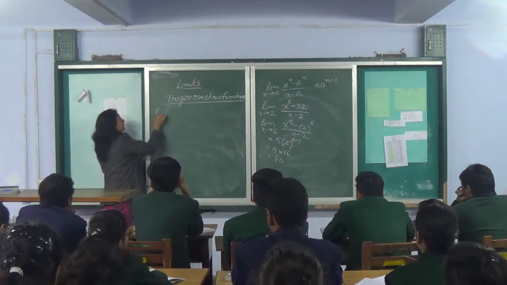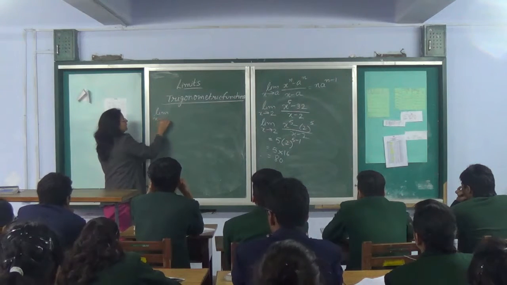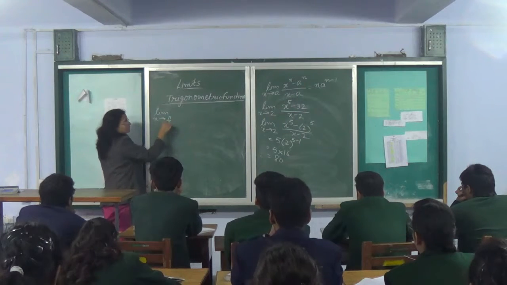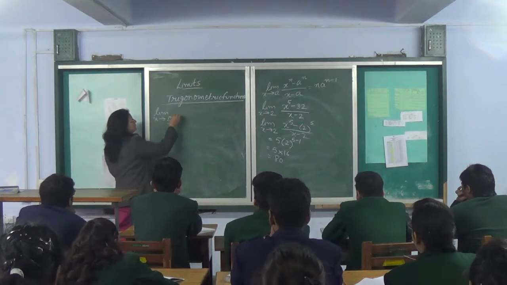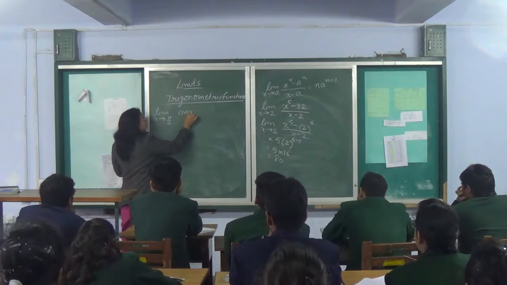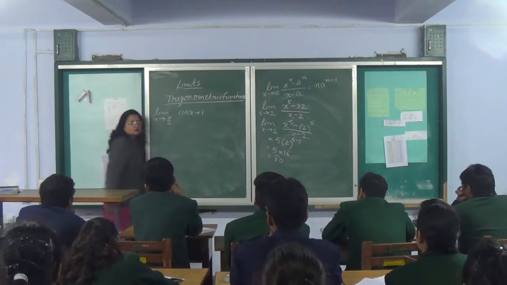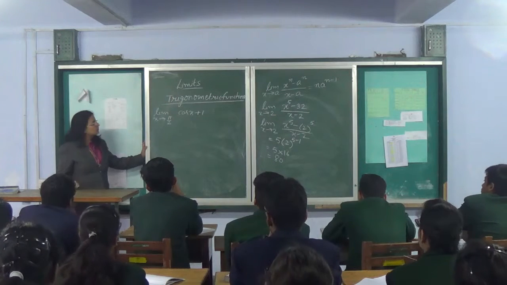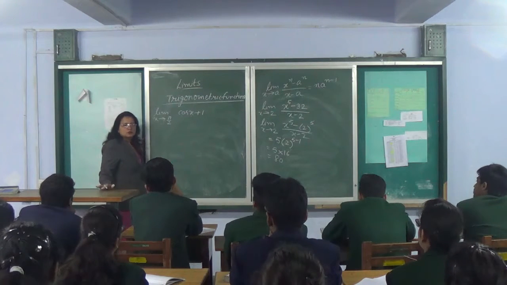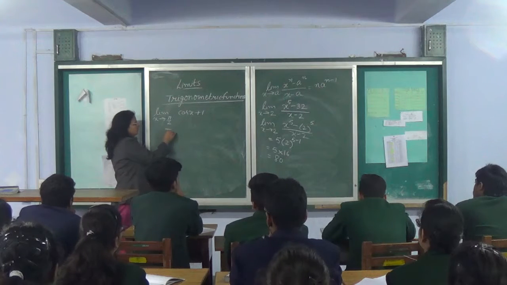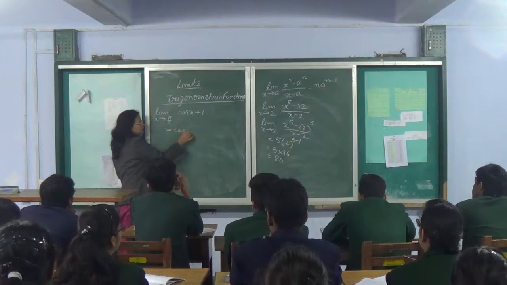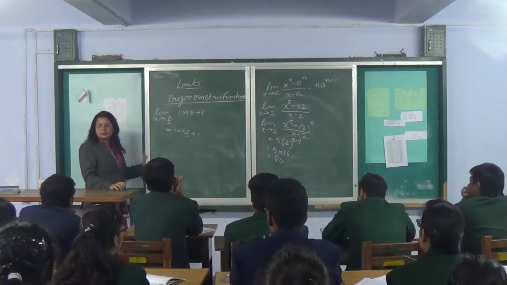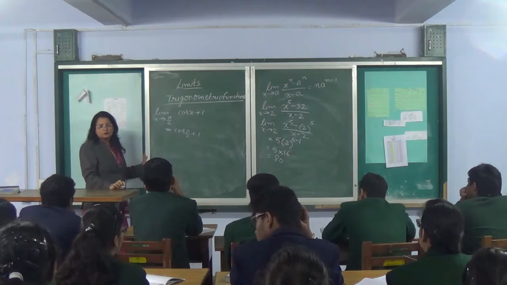Now, like if I say evaluate limit x tending to pi by 2, cos x plus, right? So in this case also you will observe that you can simply substitute the value and evaluate the limit, right? So what will be the answer?